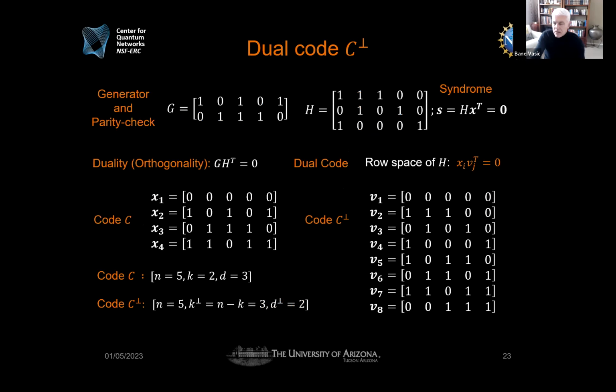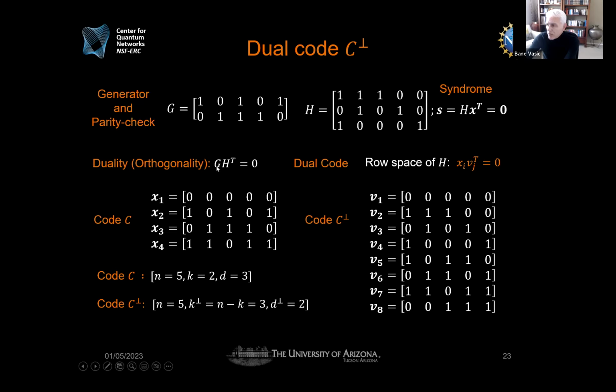So now we come to the concept of a dual code that Narayanan will be using in quantum error correction. So if G is a generator matrix of a code, we'll say that H is a generator matrix of a dual code.